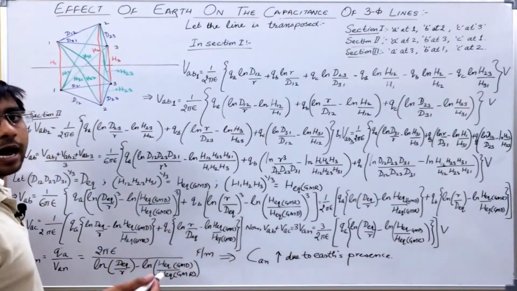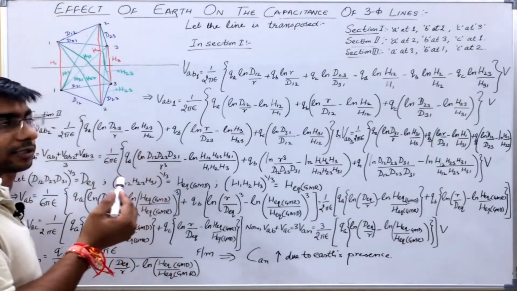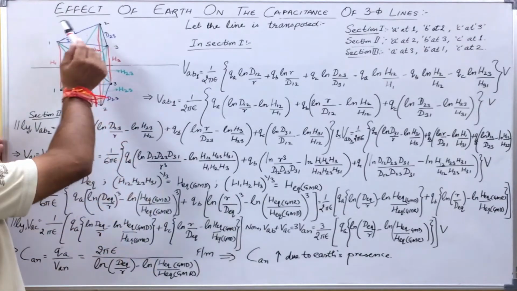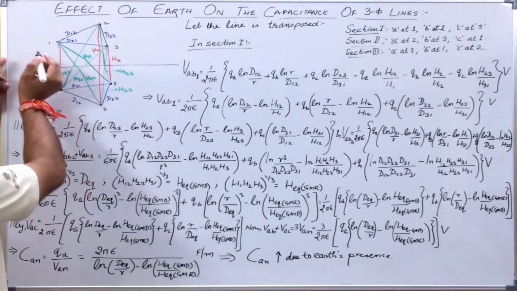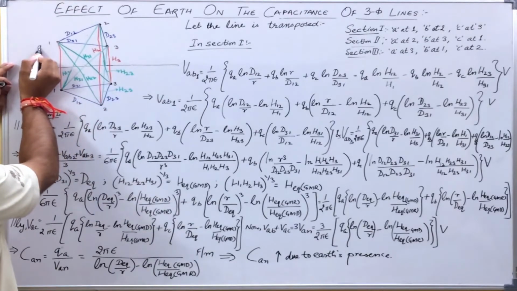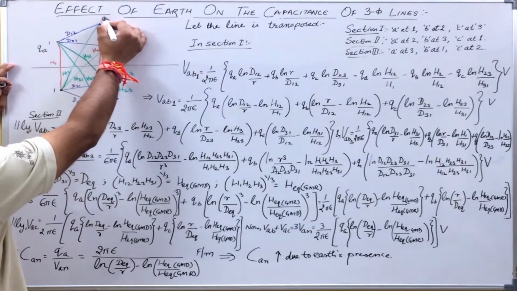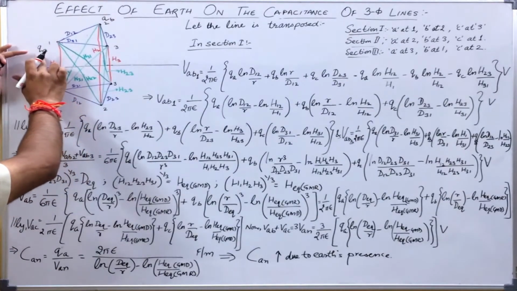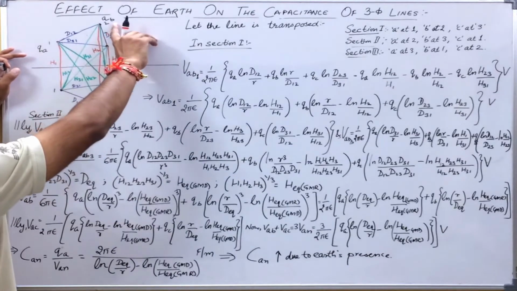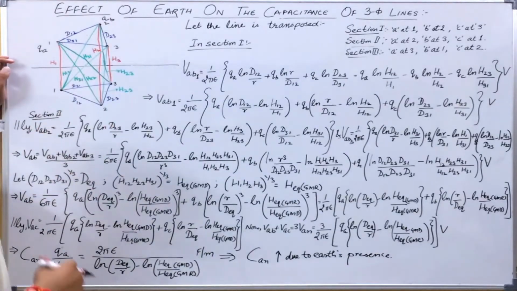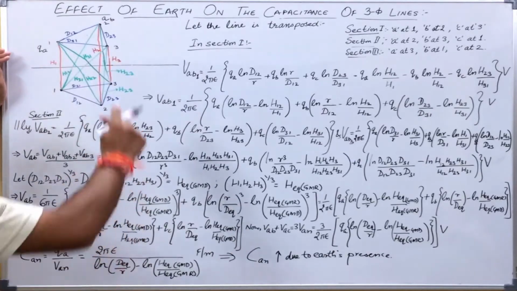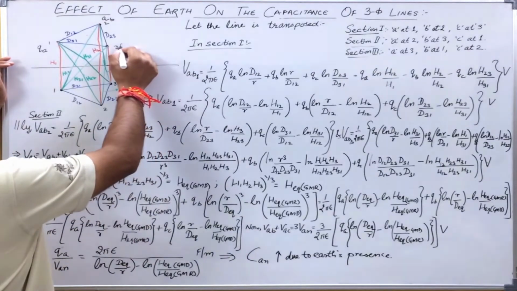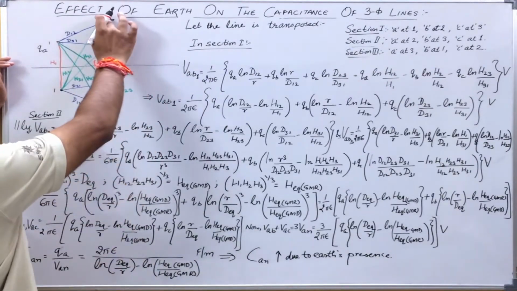Here I have shown three conductors: conductor 1, conductor 2, conductor 3. This is position 1, which is occupied by phase A conductor with charge QA, this is position 2 occupied by the conductor of phase B with charge QB, and this is position 3 occupied by the conductor of phase C with charge QC.